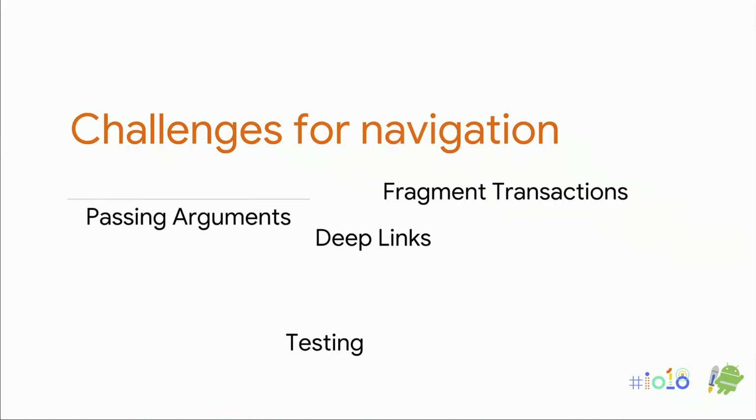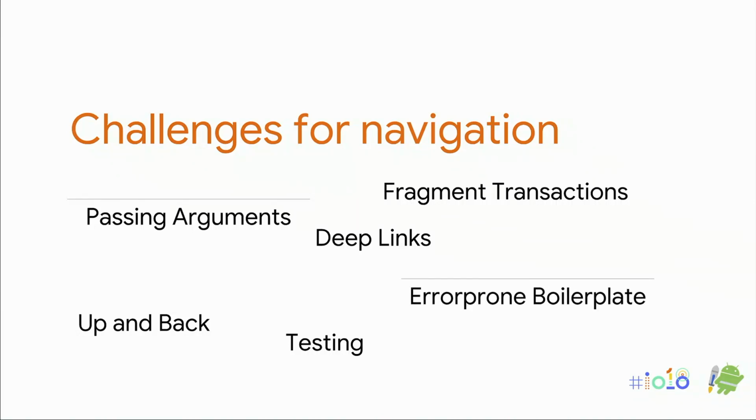Passing arguments from place to place. Again, we don't give you a type-safe way to do that today. How to make sure that up and back take users to the right places, particularly in more difficult situations, like someone deep linking deep into your app's navigation hierarchy.